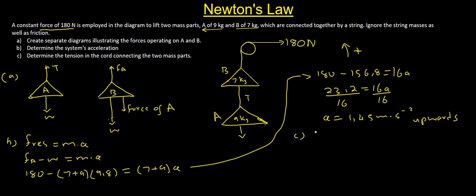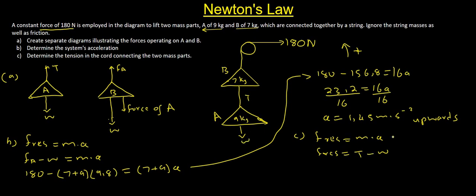So to get C, we'll say the resultant force, all the forces acting on 9 kg, will be equal to mass multiplied by the acceleration. And the resultant force will be the sum of what? Of the tension acting upward minus the weight. Tension is going up, it's positive. Weight is going down, it's negative.